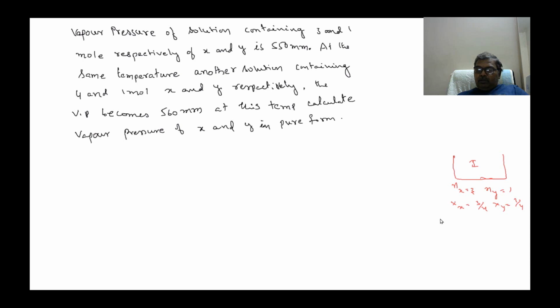So, P total 550 is equal to P naught X into its mole fraction 3 by 4 plus P naught Y into its mole fraction 1 by 4. So this is equation 1.